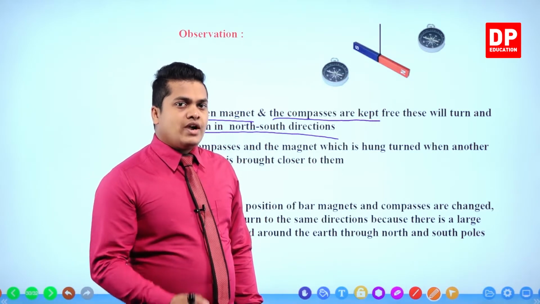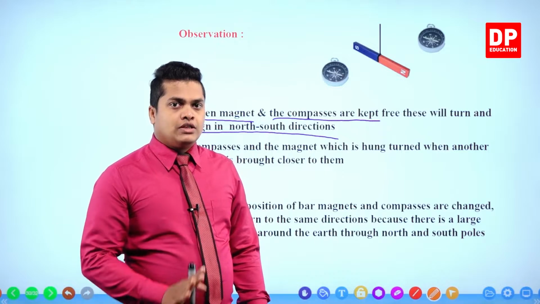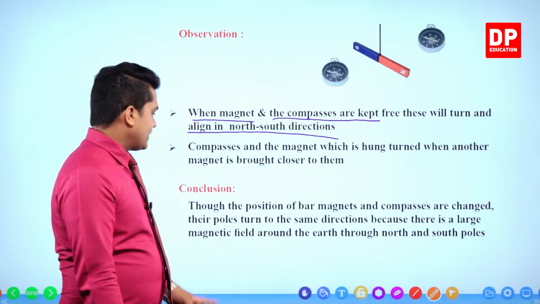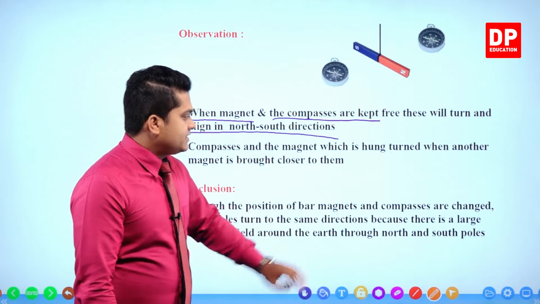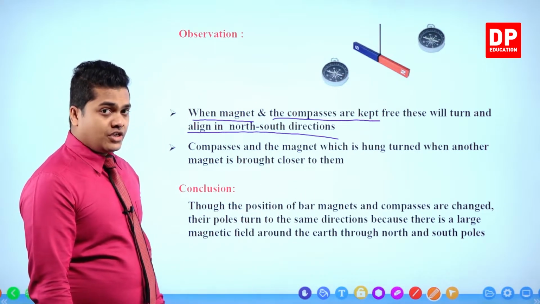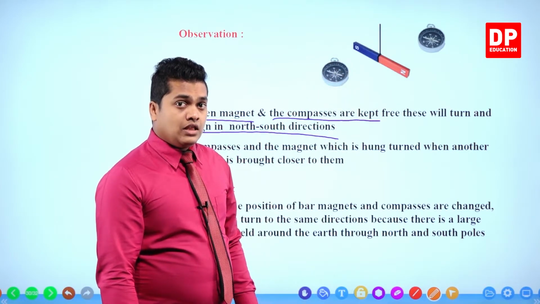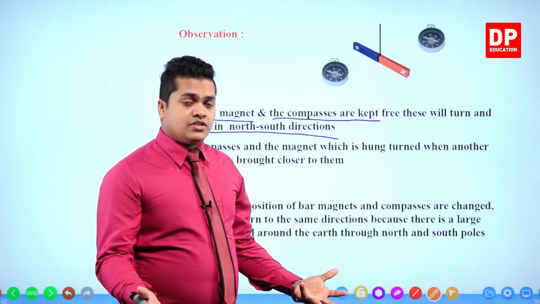That's why a freely hung magnet always shows the north and south directions of our Earth. So, conclusion: though the positions of the bar magnets and compasses are changed, now, if you want, you can change the positions as well, no matter whatever the position.